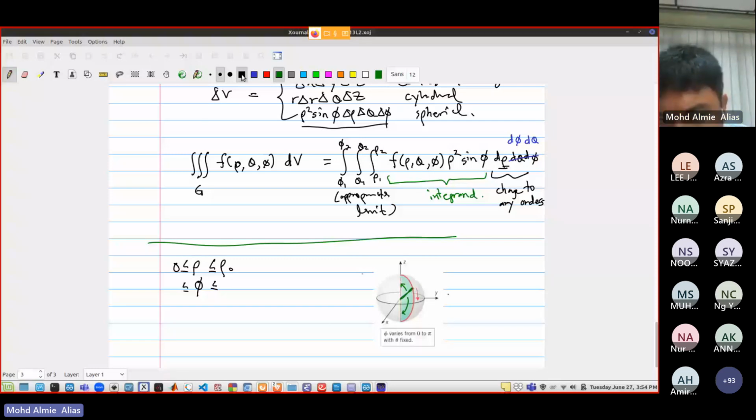This is phi equals 0. Remember, phi is measured from the positive z-axis. So here, phi equals 0. Then you move this line down until here. The angle is measured from the positive z-axis, which gives you phi equals pi. That's why you get 0 to pi. Now you have this half of a disk.